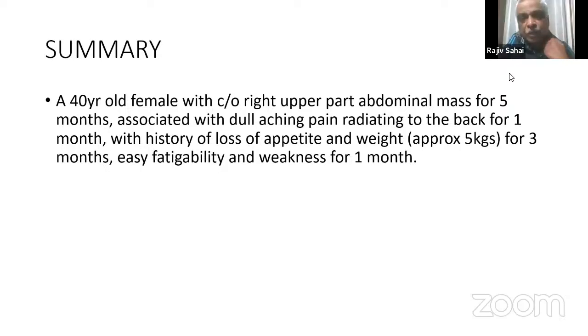Actually, the history is your interpretation of what the patient says, so you can use medical terms to describe it. About lump and swelling, there is another term called mass.